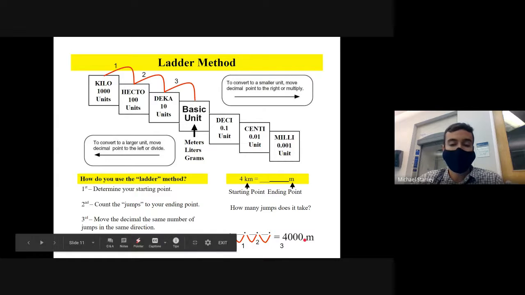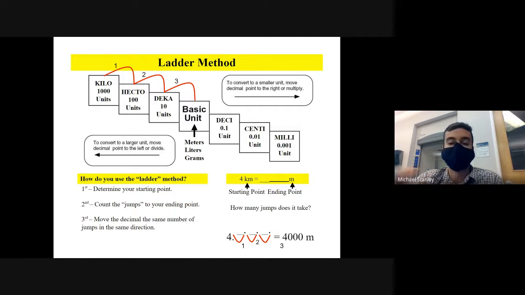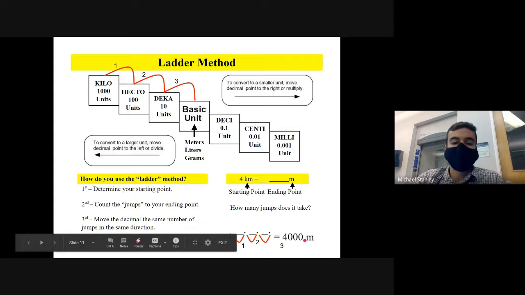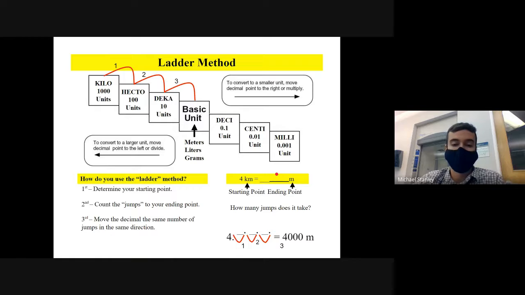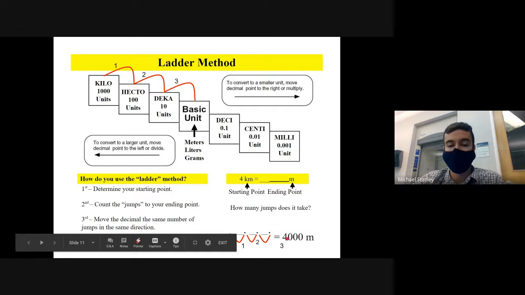Now it's over here, which you can't see because I left it off, because it doesn't need to be there if there's not a decimal number there. But it's hanging out over here, and we filled in all these spaces in between with zeros. So 4 kilometers is 4,000 meters. We jumped that decimal spot 3 jumps to the right and filled in with 3 zeros. 1, 2, 3 zeros, giving us 4,000.